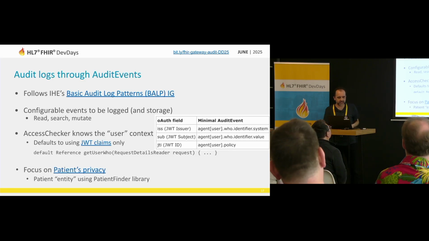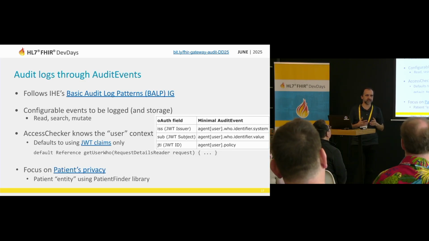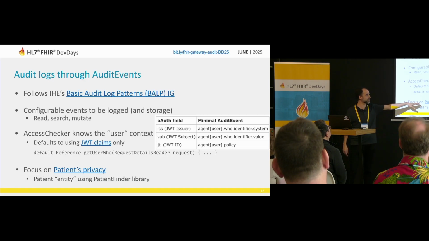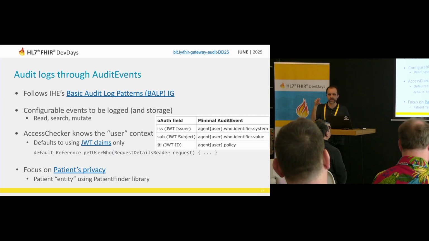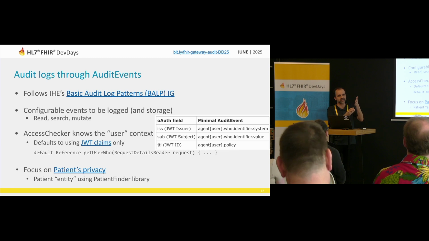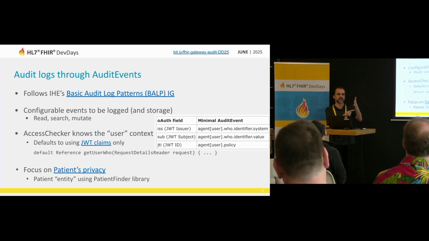And then another example of things that come for free, and follow the IHE guide. There is a section in the IHE guide whose focus is on patient privacy. Whenever access to something related to a patient happens, it's recommended that an entity is added to the audit event which references that patient.